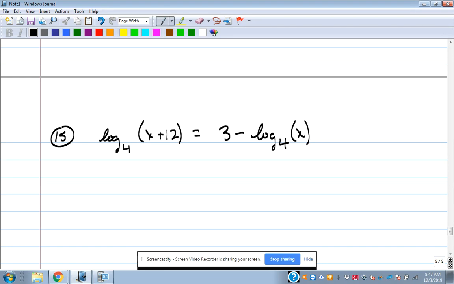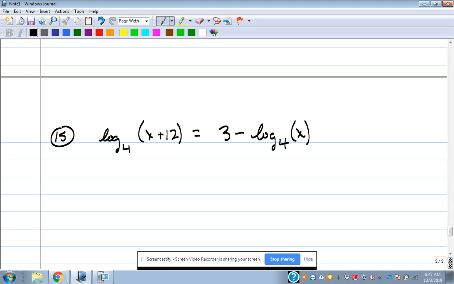So that's a 3 minus log base 4 of x on that side, not 3 times. So we can't move it back up. If it were 3 times the log base 4 of x, then yes, we could make it an x cubed up there. But that's not what we got, we've got a minus there. So that's a 3, and then it's subtracting the log base 4 of x.